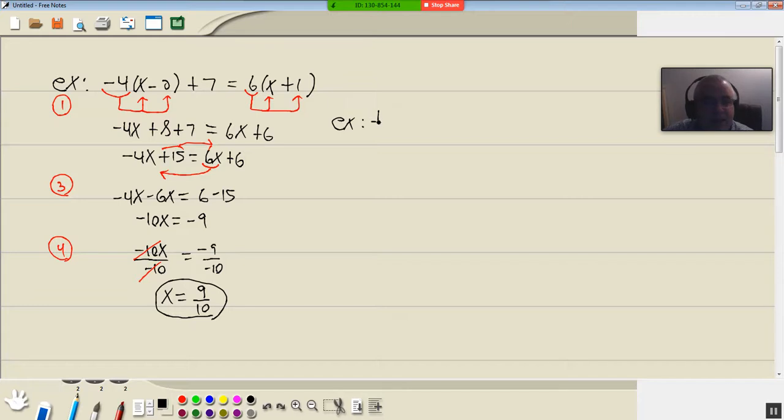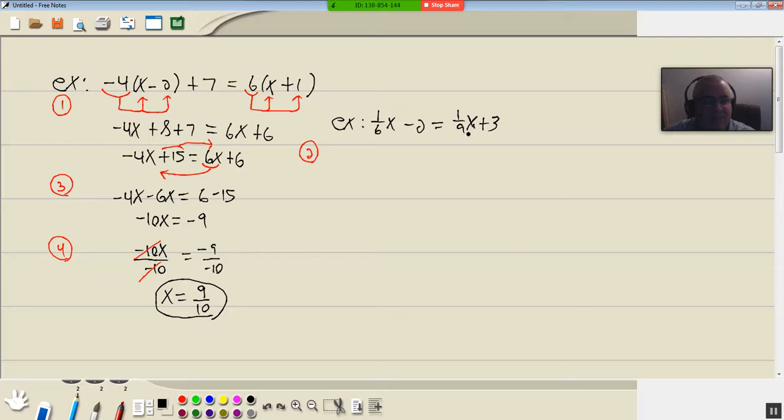Let's say I had 1/6 x minus 2 is equal to 1/9 x plus 3. Step 1. Get rid of parentheses. Don't have any. Step 2. Get rid of fractions. Multiply everything by the LCM of all your denominators.